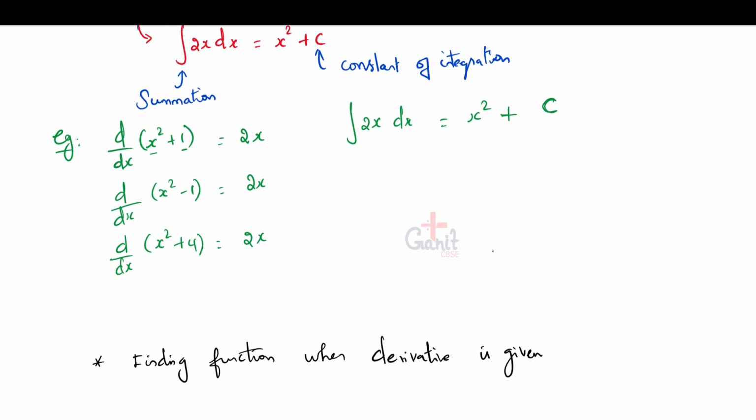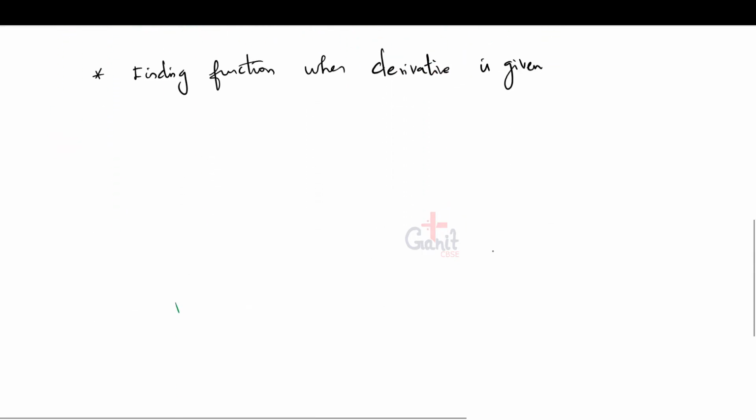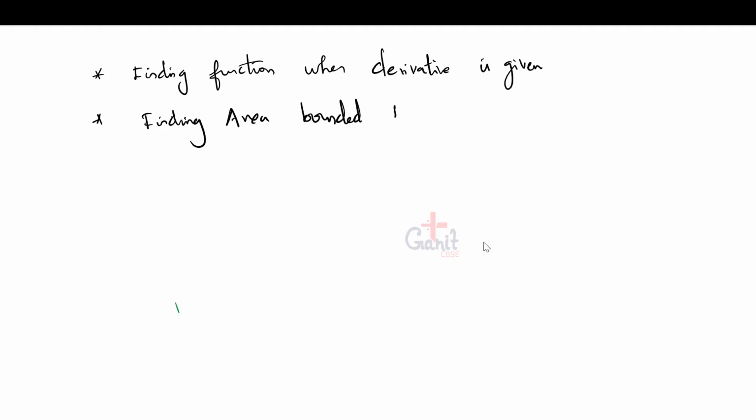It can be x square plus 1, x square minus 1, or x square plus 4. That's why we have written it using c, x square plus c. And another problem is finding the area bounded by the graph of a function.